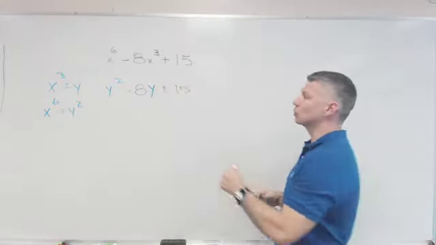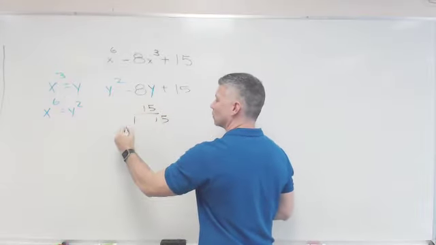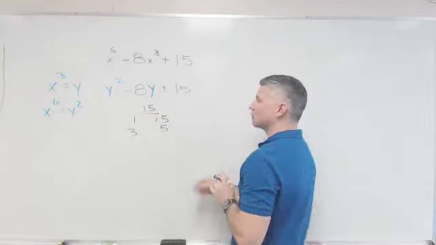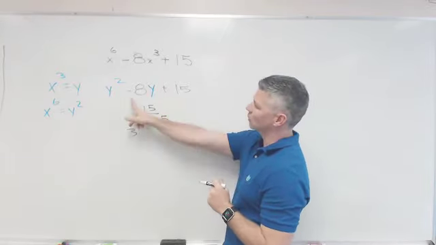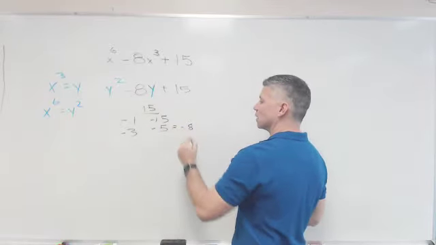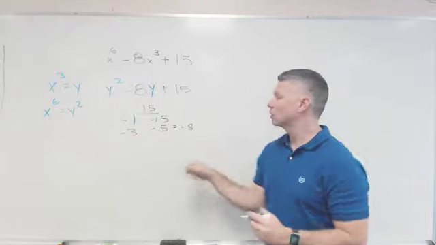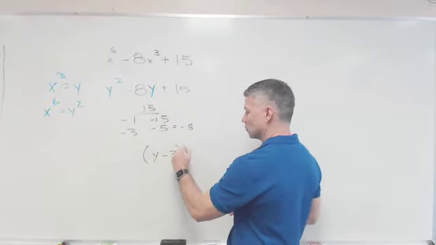Factor like you used to. 1 times 15, 15. Ways to get 15, 1 and 15, 3 and 5. Positive 15 tells me signs are the same. What same sign? Negative. Which row adds to negative 8? The bottom row. Put in our y's.